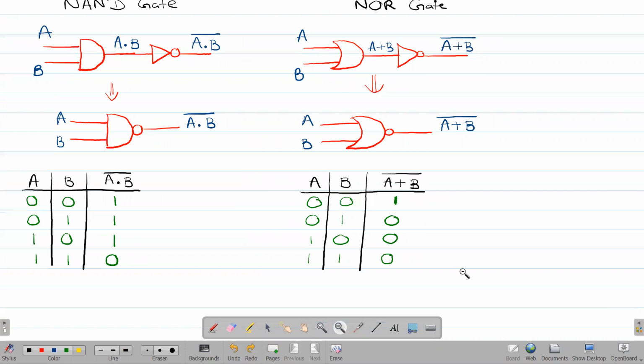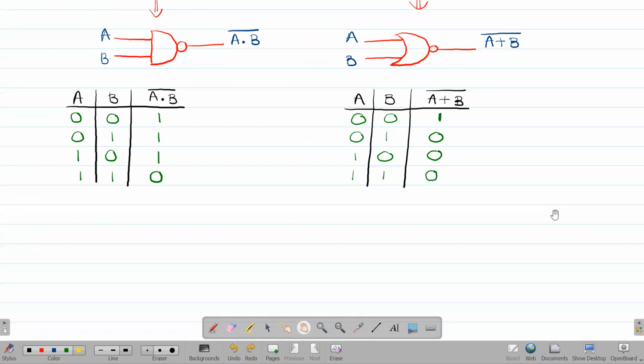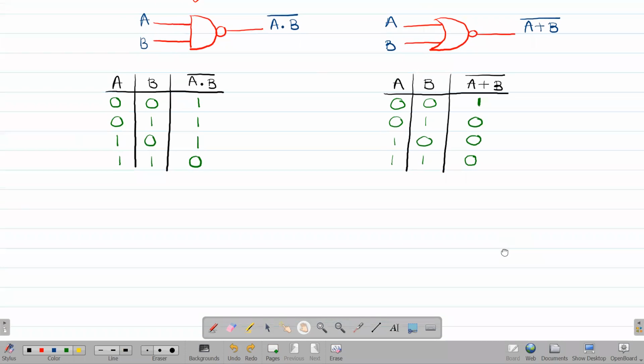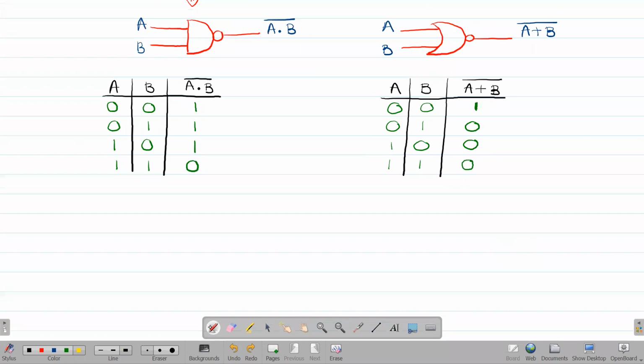To do this example, I will draw you a small circuit and show you a small example. Then you can go with the questions that I'm going to show you, right? So I'll take an example over here.